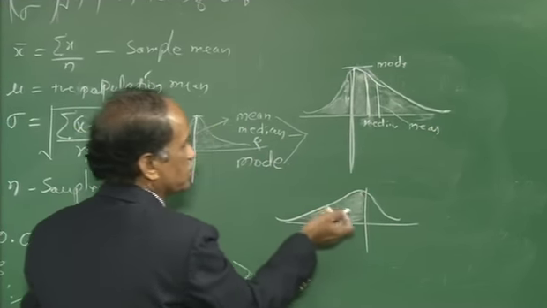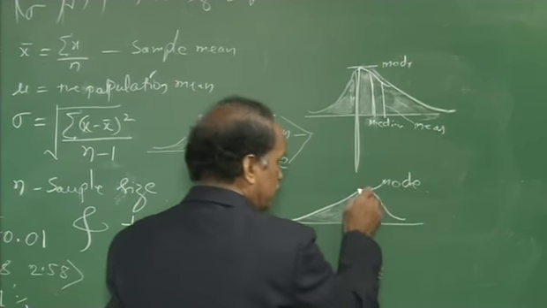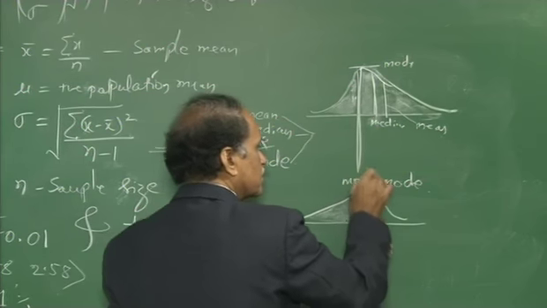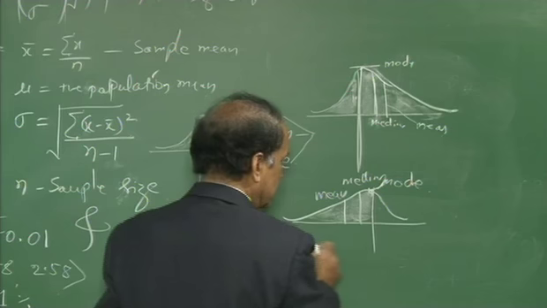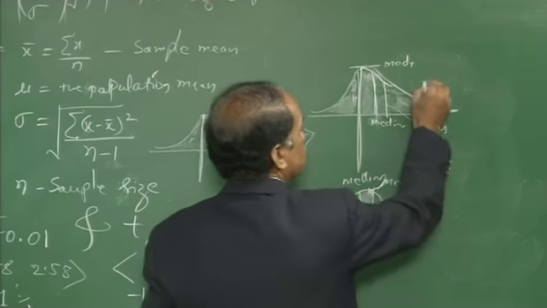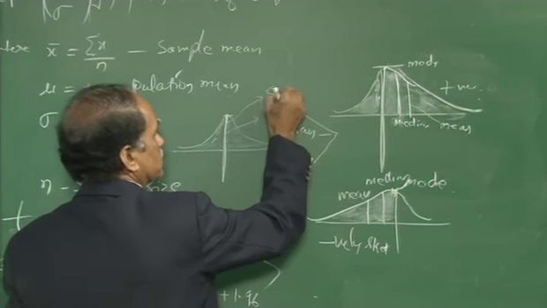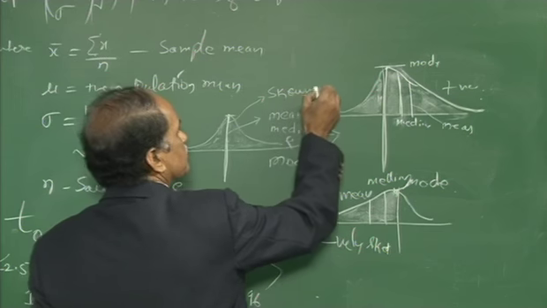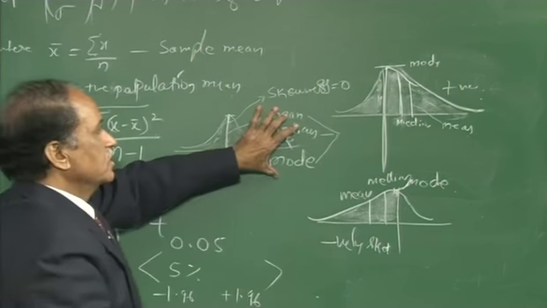In that situation the maximum height will be the mode, the middle one will be the median, and the third one is the arithmetic mean. This is negatively skewed and this is positively skewed, and here there is no skewness. That means skewness equal to 0, and all three values coincide.